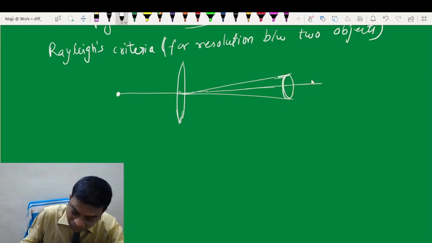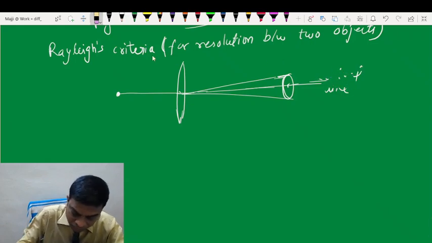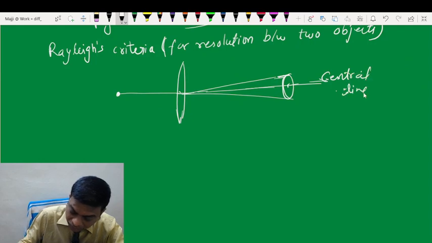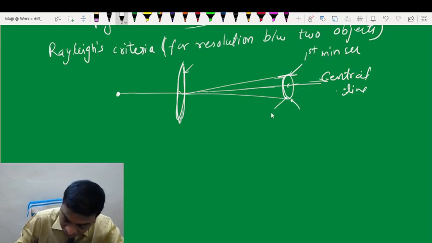This point corresponds to the central line, and this corresponds to the first minimum, the first secondary minimum, of course. Since this is circular, if you view it from the side, this will also be circular.